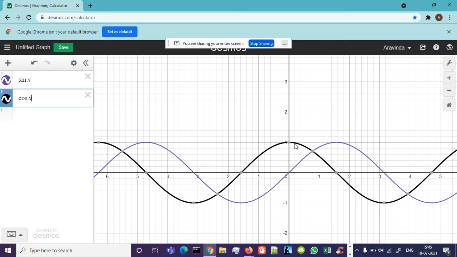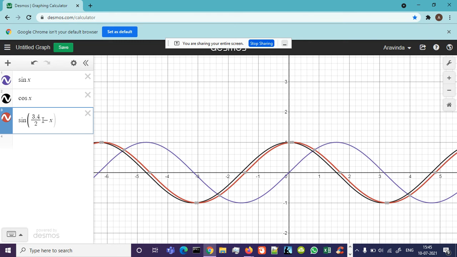In another class I'll explain how these are related, but let me show you something like this: sin of pi by 2 minus x.